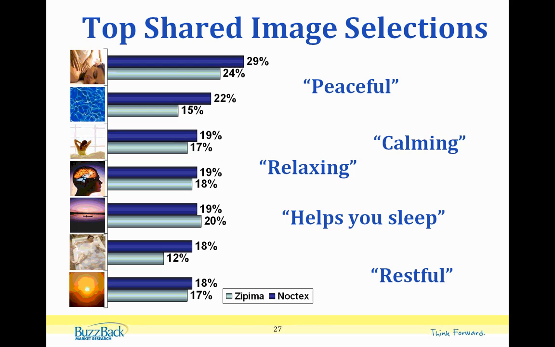Quantitatively, if we look at the top image selections, quite a few rose to the top for both of the names. And when we asked people what their collages meant, we had very consistent themes that were all right on target for us. So we know both of these names are good potential names at this point.